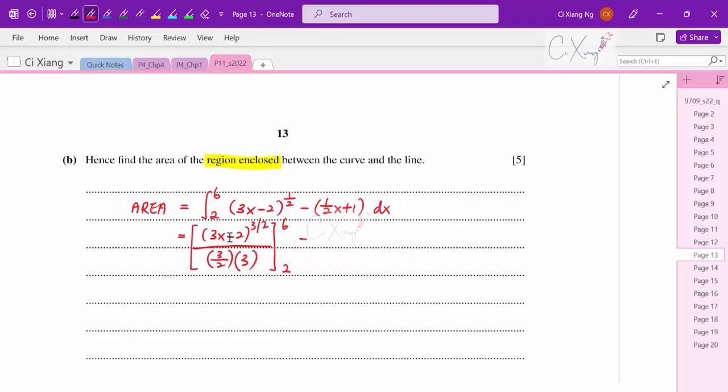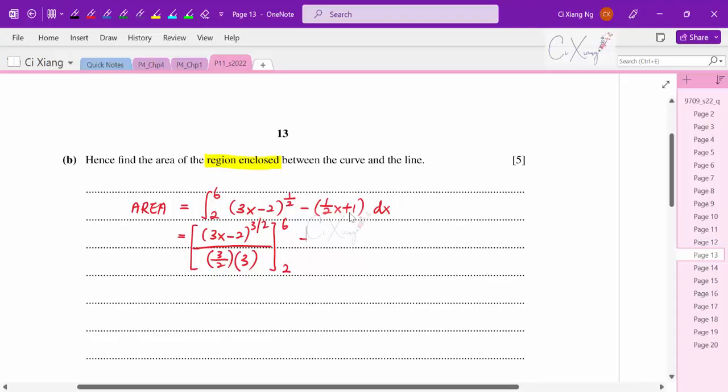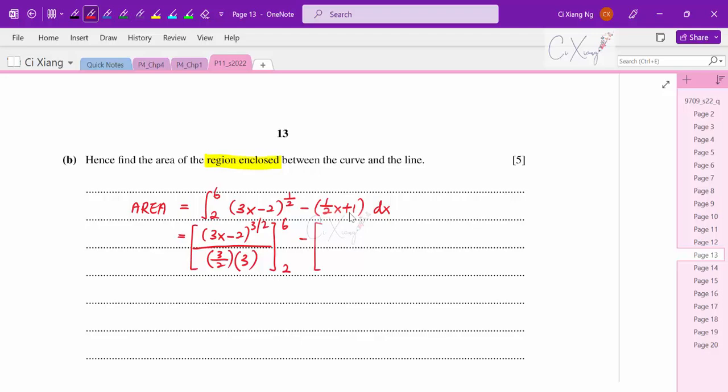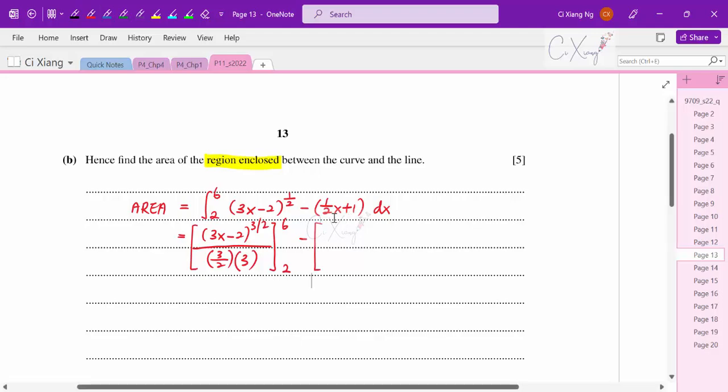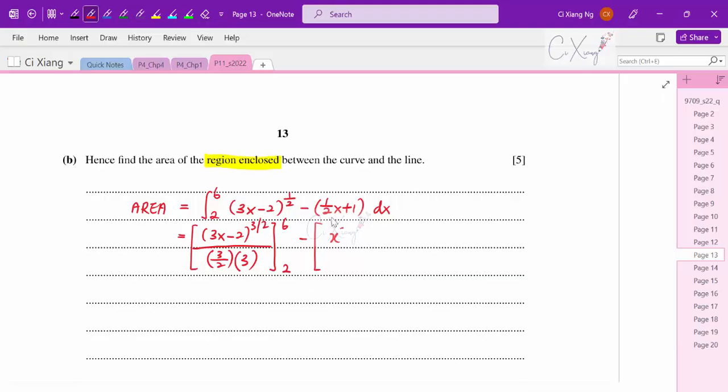Then minus, for this expression, you can integrate it slowly, term by term. Integrate half x, you'll get x squared divided by 2 and divided by 2 again, so you're having a 4. Then integrate 1, you have x. And of course, you also need to substitute in the values for 6 and 2.